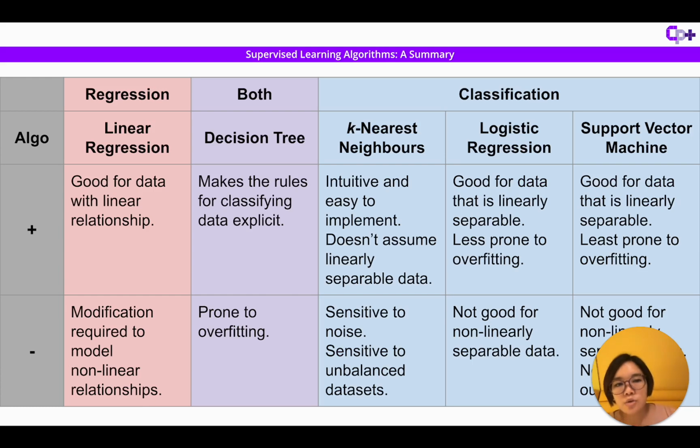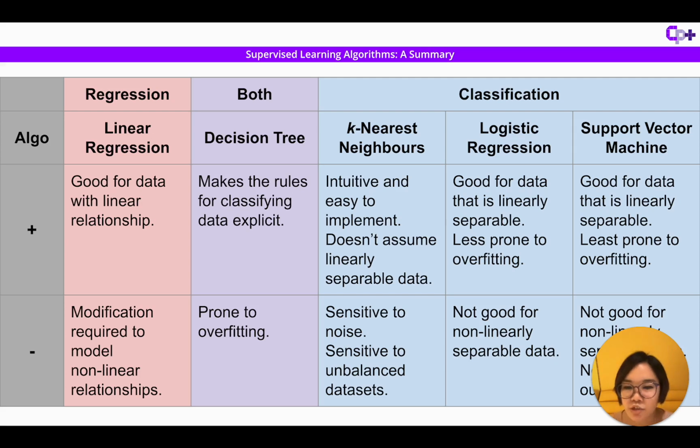So that is my quick description of all the algorithms that we have talked about. Here's a quick summary. Regression, we only have linear regression, so that's good for data of linear relationship. Imagine trying to do a best fit line for an x-squared graph. That's not going to work, right? But if you want to do non-linear relationships, it can still be done, just that you need to modify your algorithm.